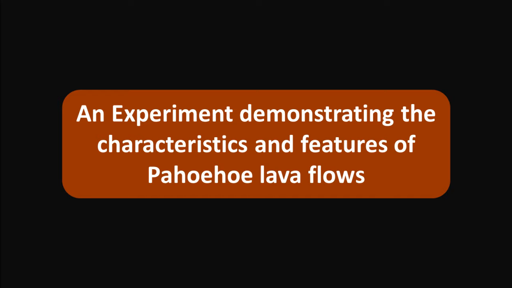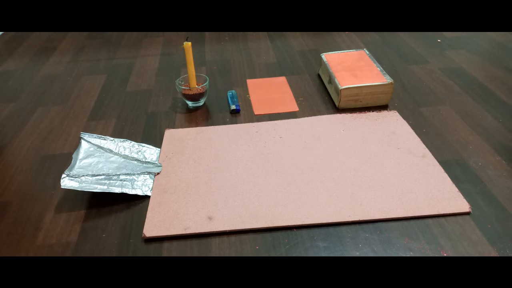Now we will do an experiment demonstrating the characteristics and features of Pahoehoe lava flows. We need a piece of wood, a tray made up of aluminium foil, a candle, and a few pieces of wax.